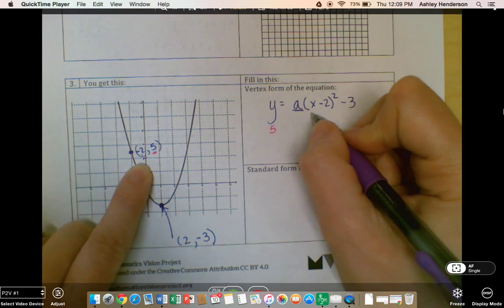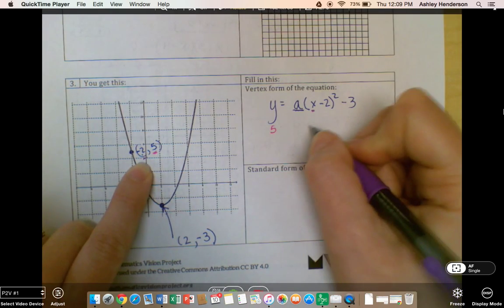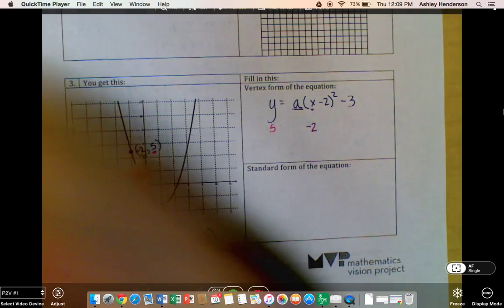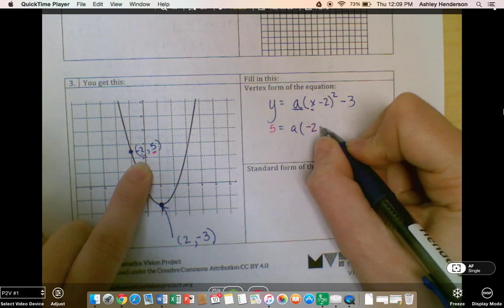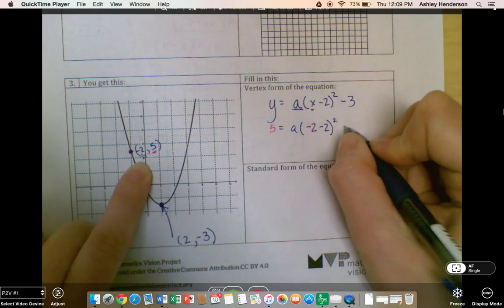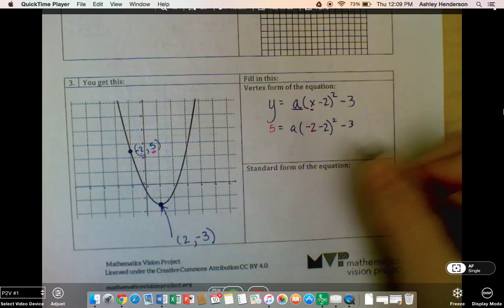Negative 2 goes here. And then I'm going to go through it operationally. A times negative 2 minus 2 squared minus 3.